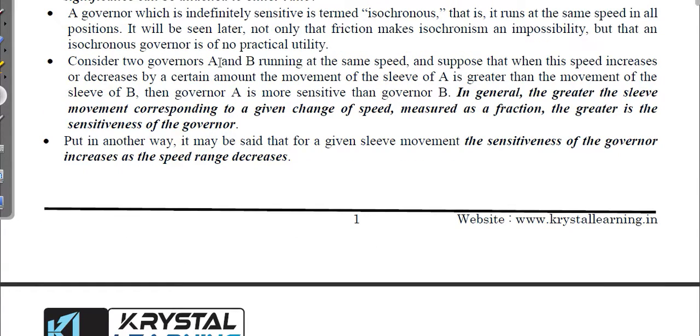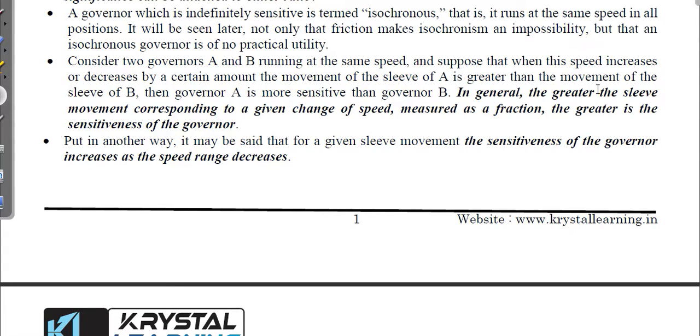So suppose that there are two governors, that is governor A and governor B, running at the same speed, and suppose that when this speed increases or decreases by a certain amount, the movement of sleeve A is greater than the movement of sleeve B, then governor A is more sensitive, because it is sensing more displacement. Okay, according to the change of the speed, it is displacing that ball position more, that is more sensitive.